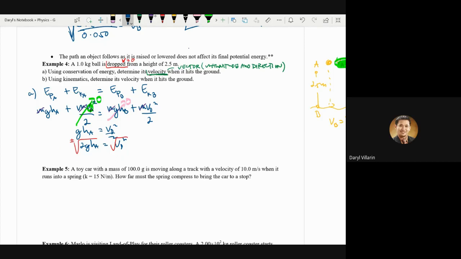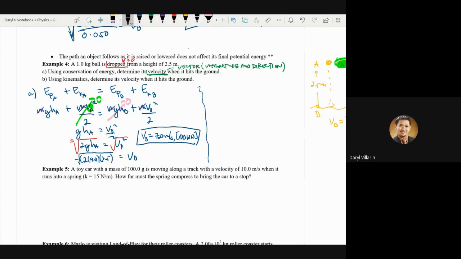So I'll be using the negative of the square root of 2 times 9.8 times 2.5 is equal to v_B. So v_B is 7.0 meters per second down. Okay, so that would be my answer. The magnitude is 7 meters per second. Its direction is downward. Now I use the kinematic equation.